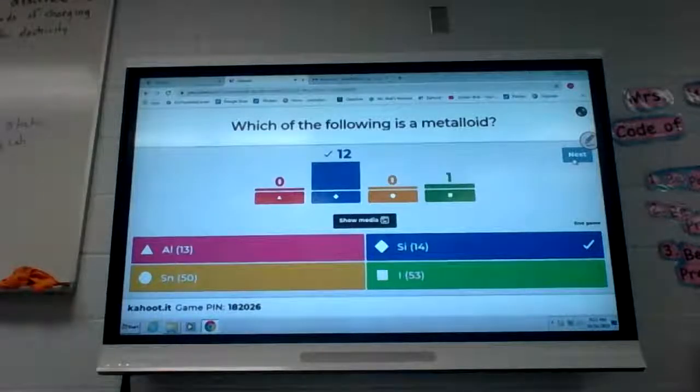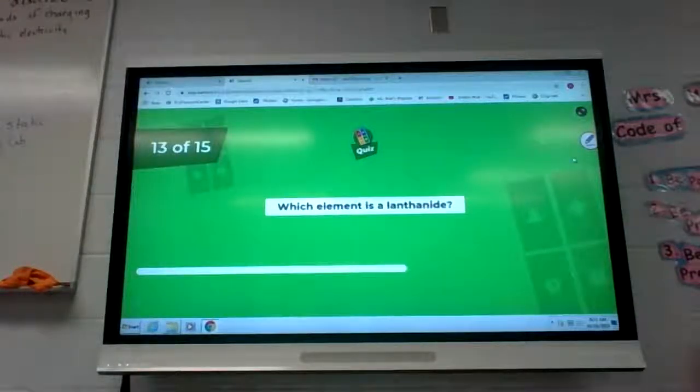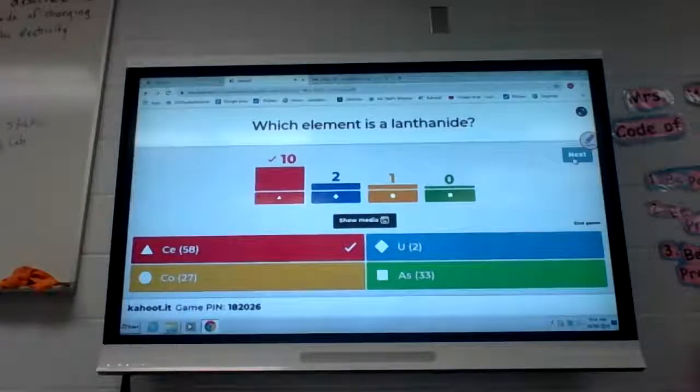Okay. Iodine's a non-metal. It's on the right. All right, lanthanides are here. All right.